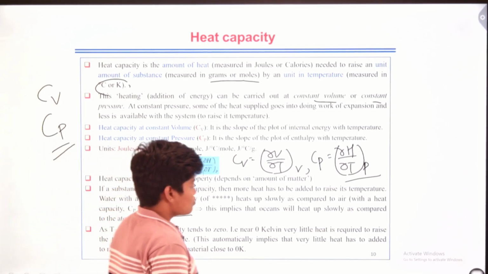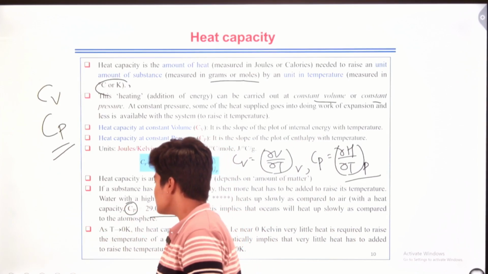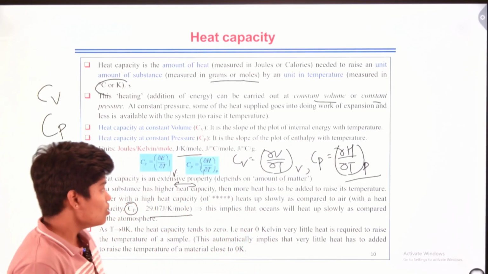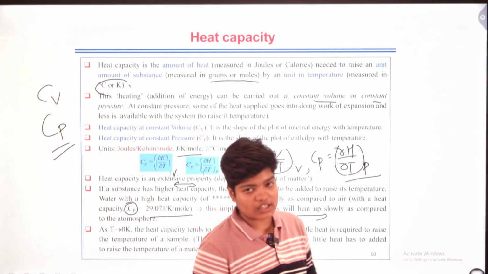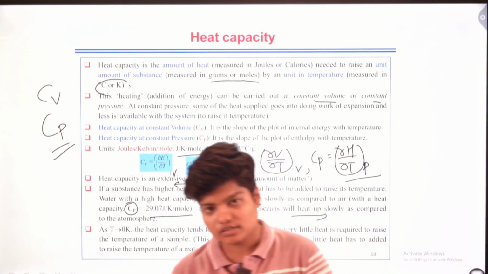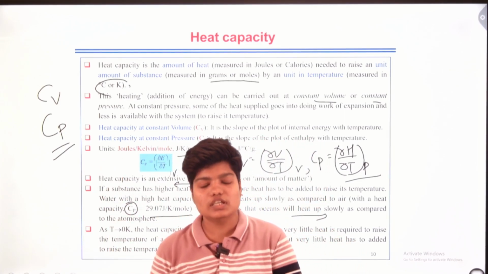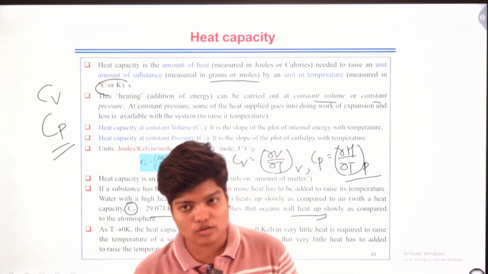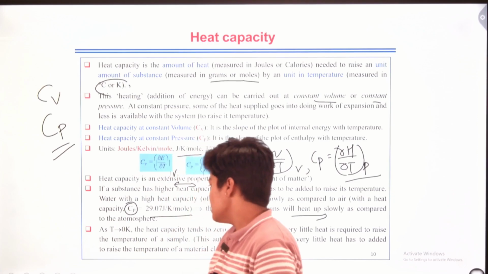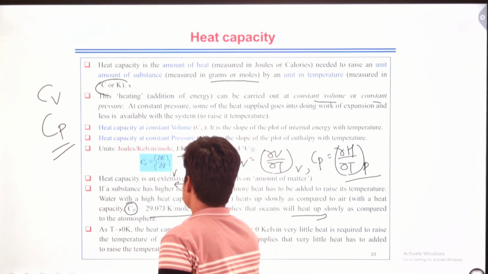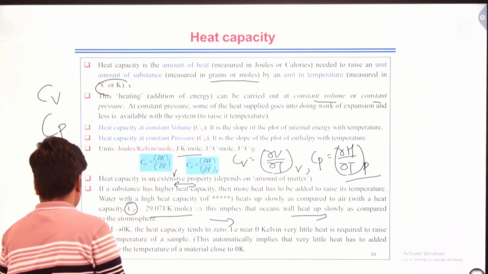So the CP of water is higher than that of air. That implies the oceans or water will heat up slowly as compared to air, because the heat capacity of water is more than air. So for heating, water requires more heat than air. It implies the ocean will heat up slowly as compared to the atmosphere.